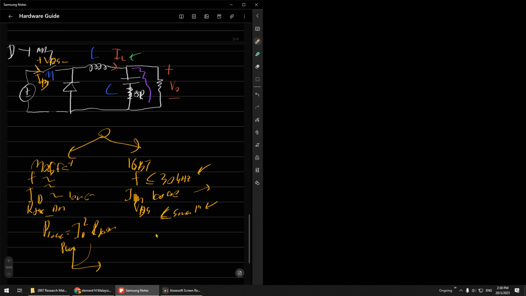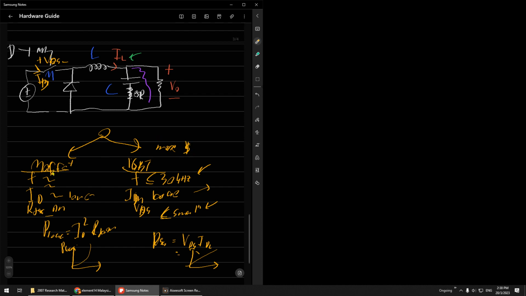But for IGBT, P loss is equal to VDS, drain source, times IDS. So the power loss will be around linear, not exponential. So that is the advantage. So make sure you choose properly, and of course IGBT is much more expensive.